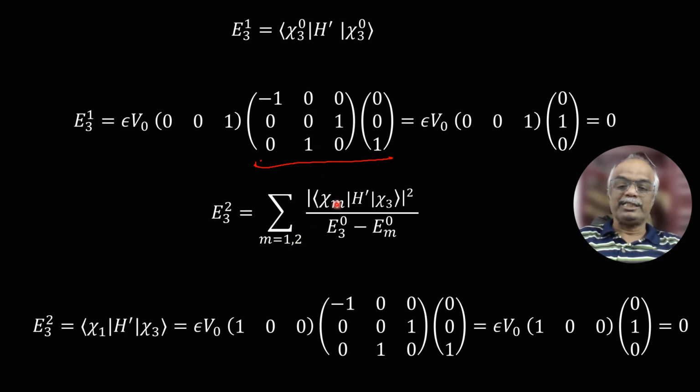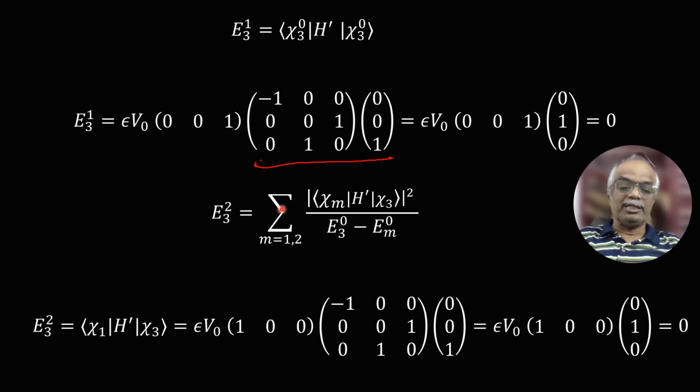So this can be written as modulus square of chi m h prime chi 3, divided by E3 0 minus Em 0. So this is the definition. You can refer to my theoretical lecture on degenerate energy state, that is degenerate perturbation. I have given it in that lecture clearly.